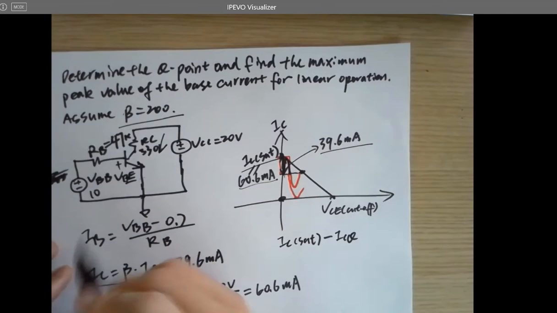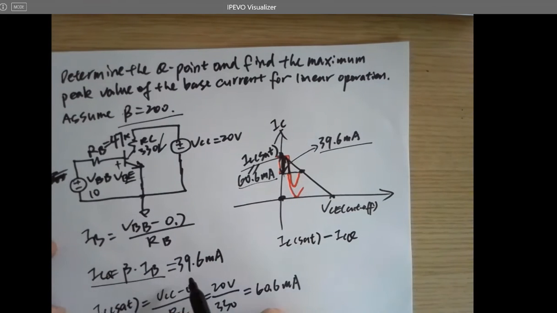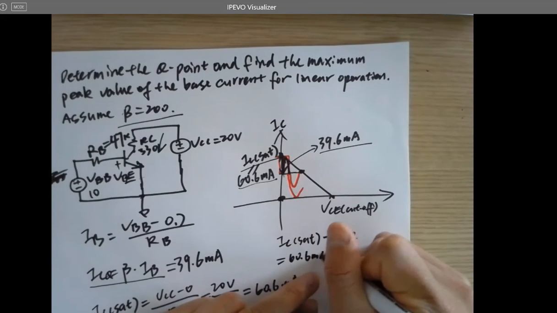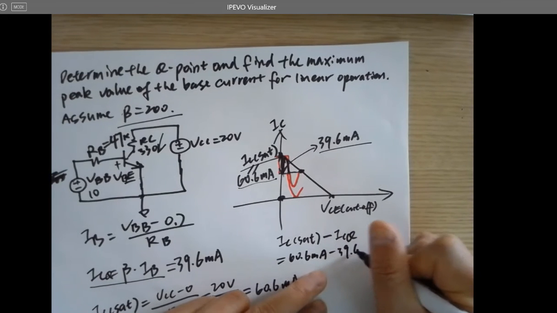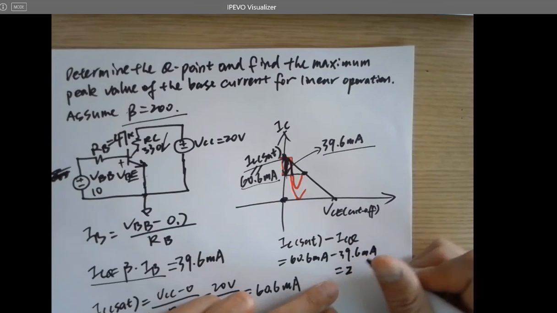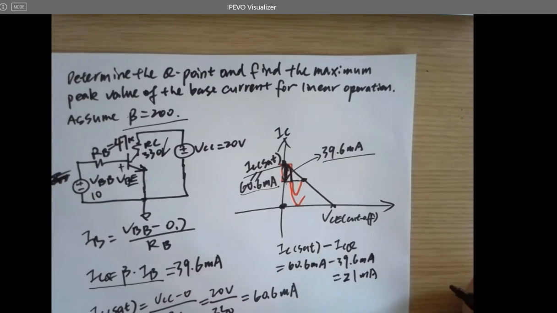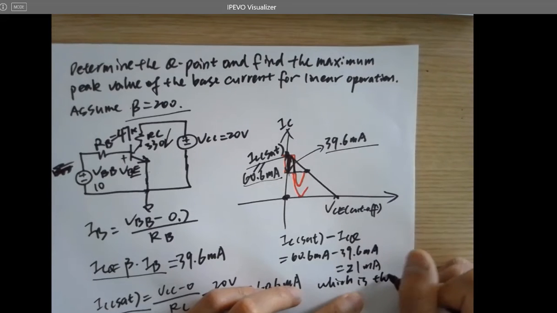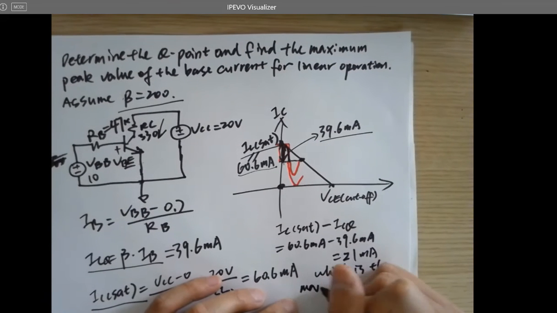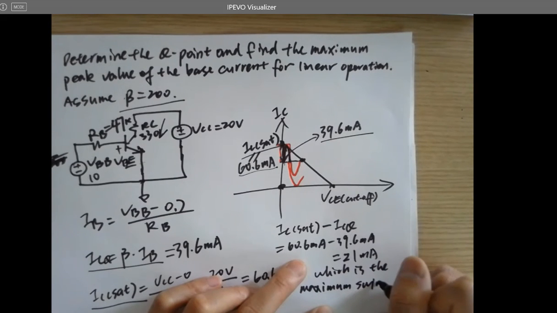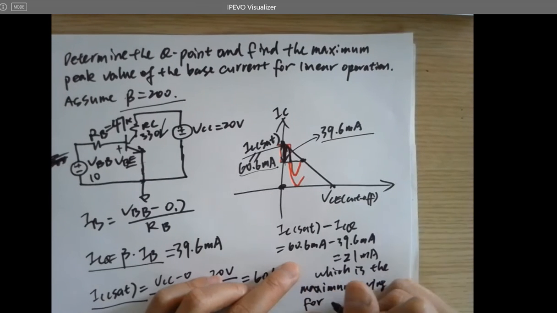ICQ is this guy here. ICQ is 60.6 milliamps minus 39.6 milliamps, which is 21 milliamps, which is the maximum swing for IC.